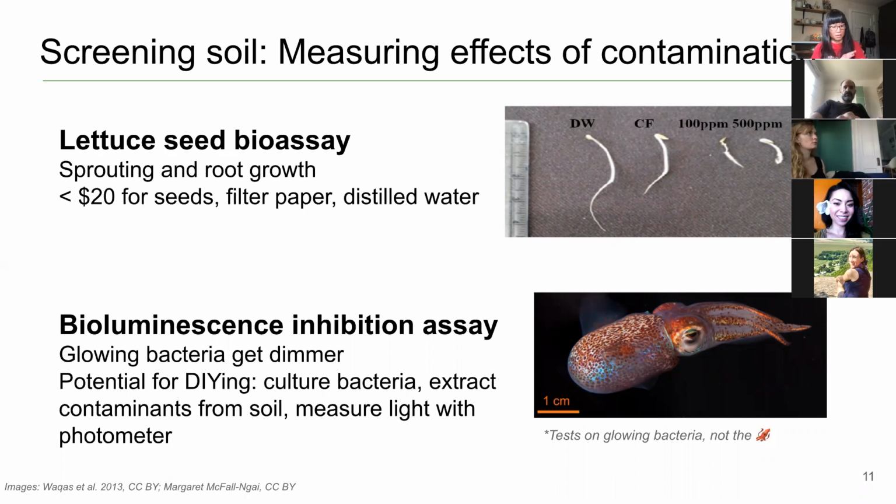So this method, again, is widely used in research labs, but there's for sure potential for DIYing here. So culturing the bacteria, extracting the pollutants from the soil sample, and then using a simple open source photometer to measure light output.